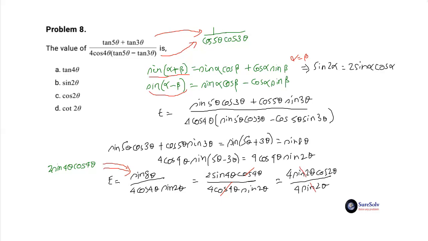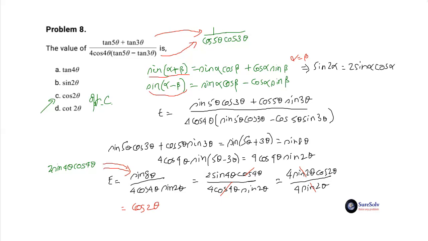Four sin 2 theta cancels out, leaving E equal to cos 2 theta. Answer is option C, cos 2 theta. Though the steps seem to be many, you should reach the solution quickly.